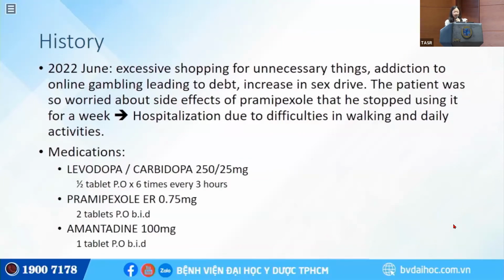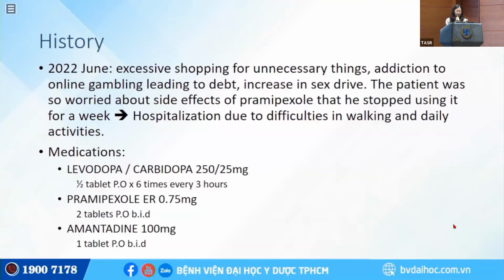When he looked up information online, he learned about the side effects of pramipexole, and he decided to stop using it for a week on his own. After that, his motor symptoms rapidly got worse, and he had to be hospitalized. This is the latest prescription before he stopped using pramipexole.